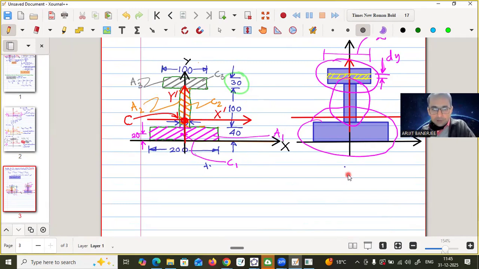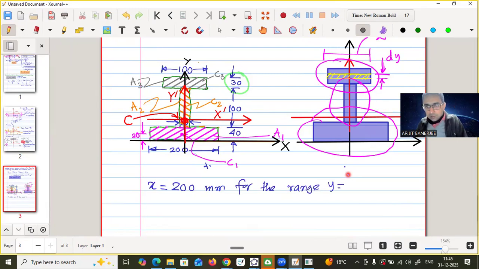So let me write the values of x. x is equal to 200 millimeter for the range y is equal to 0 to 40 mm.